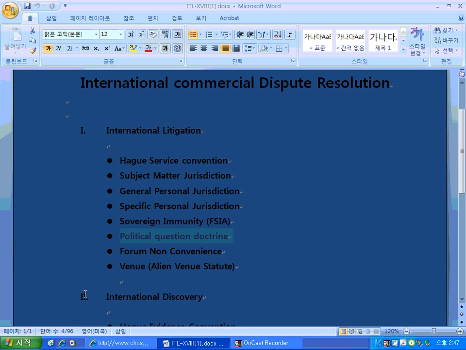In that case, the forum non conveniens doctrine may allow the jurisdiction to be transferred. Of course, in that case, the United States rule requires the forum court to provide an alternative forum to be transferred.